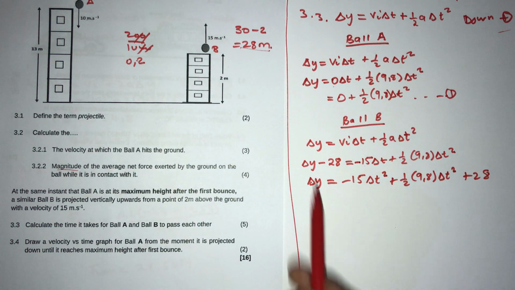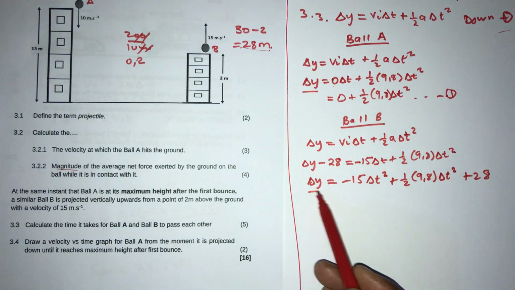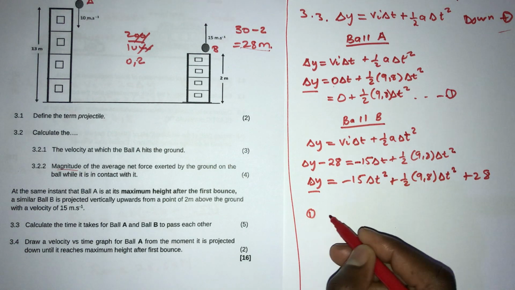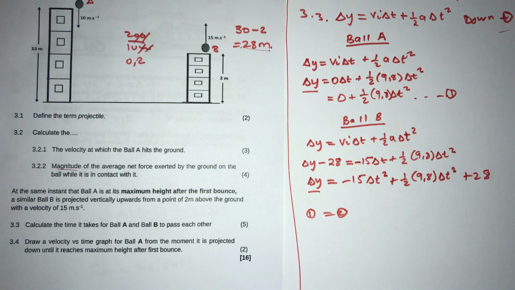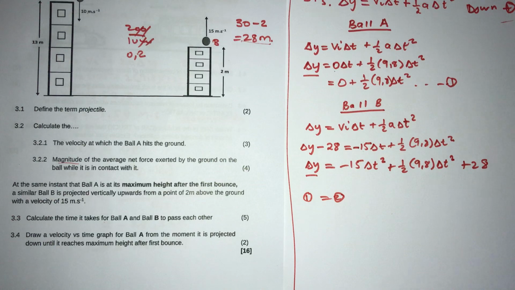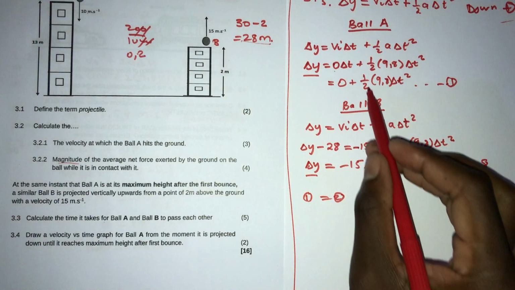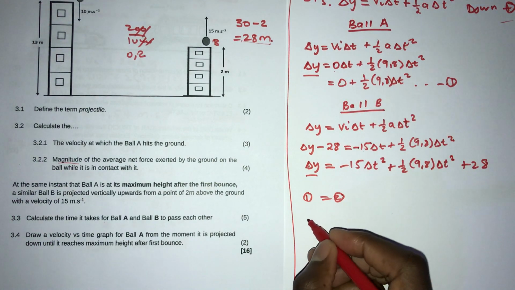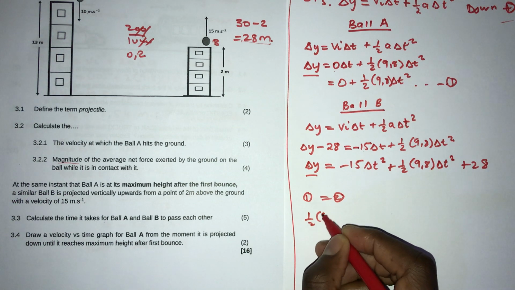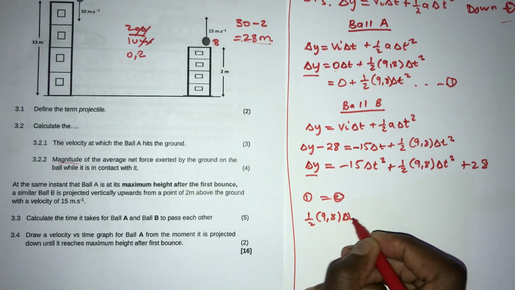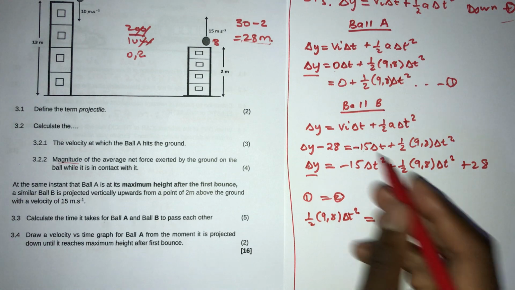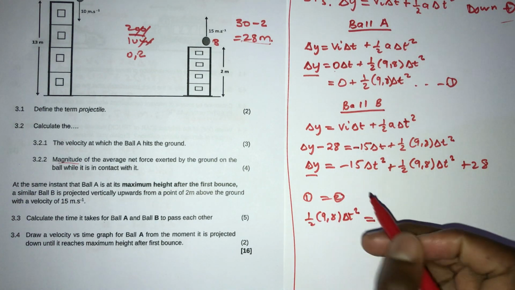Right. So now let's equate the equations. Let's say now equation 1 is equal to equation 2. So what is equation 1? Equation 1, let's ignore the 0, so it's 1/2, 9.8, change in time squared, is equal to equation 2. This is equation 2.